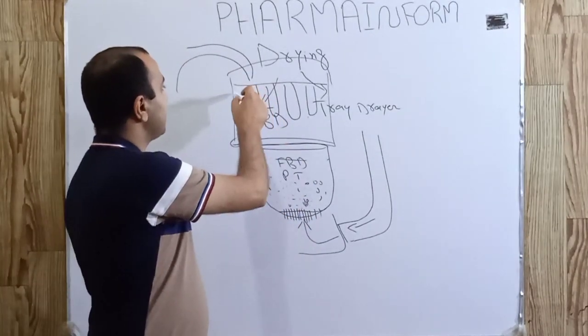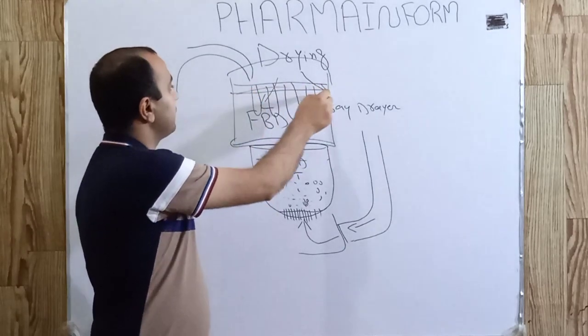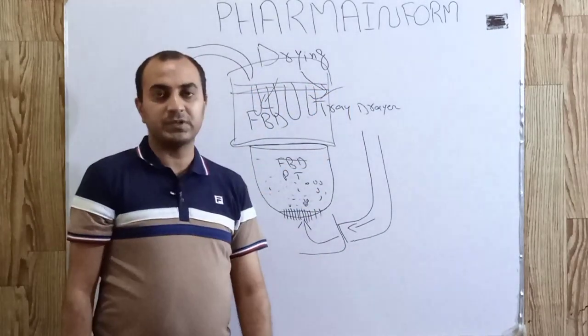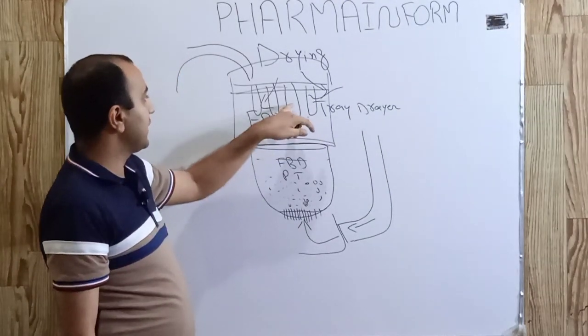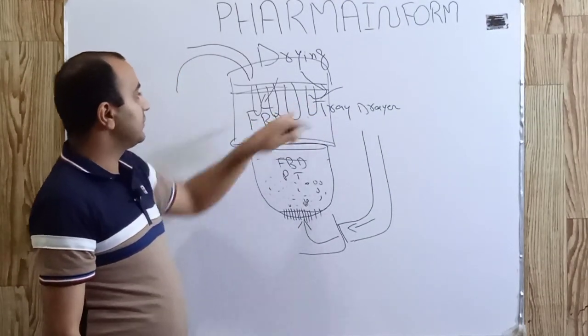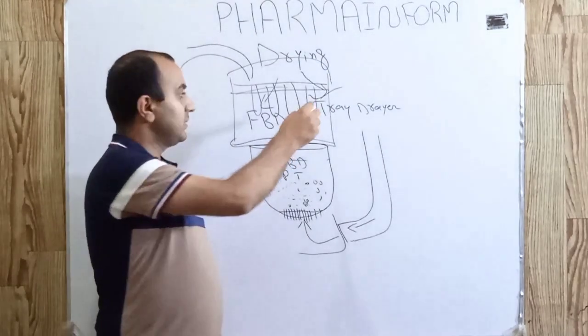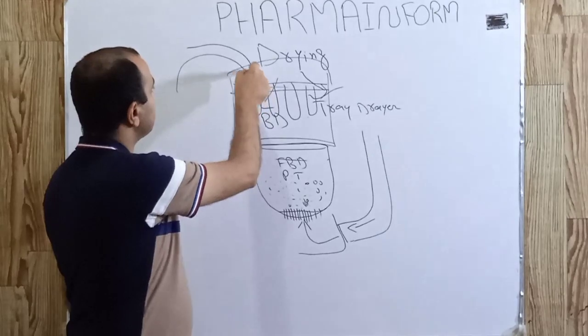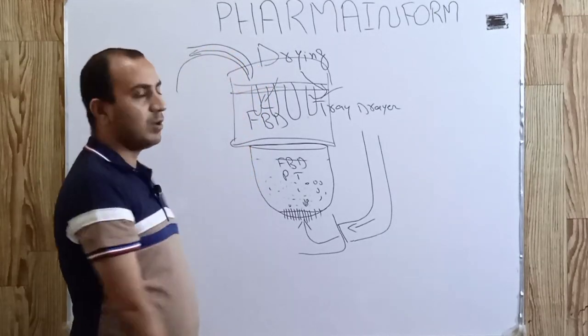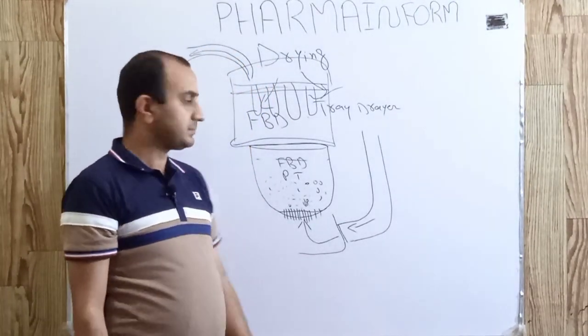So here we have filters. The function of filter is to prevent the product loss, because if we have not installed these filters in this chamber, our product will also go out along with the air.